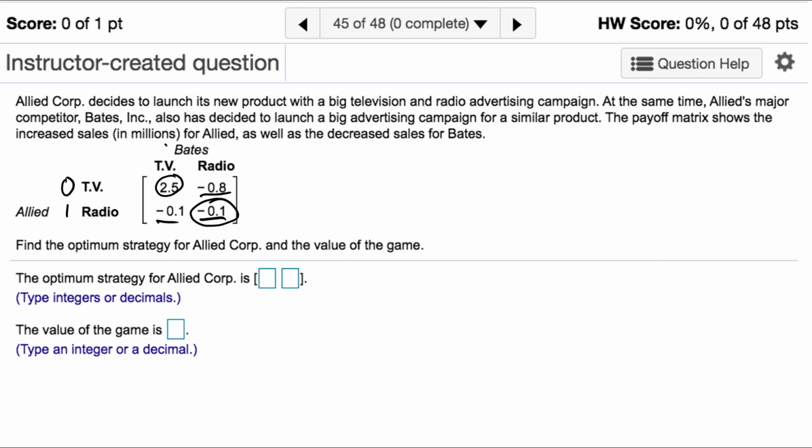Bates, likewise, would choose TV 0% of the time and radio 100% of the time, again, because that is where the saddle point is. So, optimum strategy for Allied, 0 and 1. They're not going to choose TV. They're going to put 100% into radio. And then the value of the game, well, that's just the saddle point itself, negative 0.1. That's it.